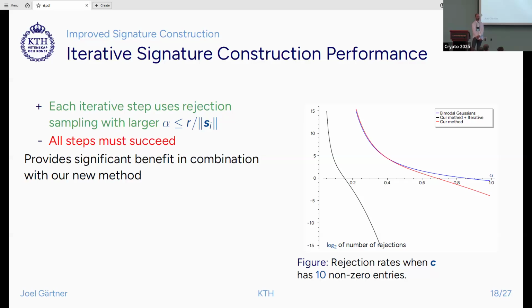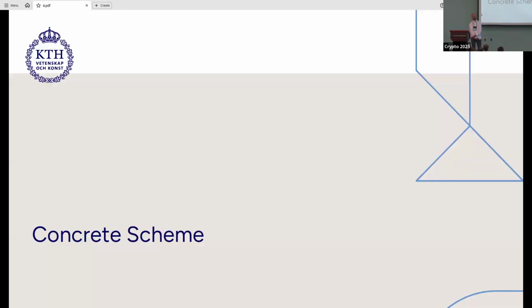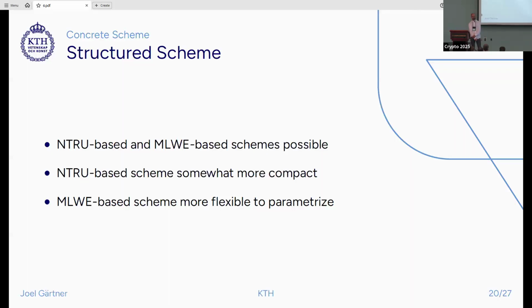leading to a more compact scheme. And to illustrate the compactness of our new scheme, we developed a concrete signature scheme. To allow for the most compactness, we consider a scheme based on a structured lattice problem. We could base the scheme upon the NTRU problem or the MLWE problem.